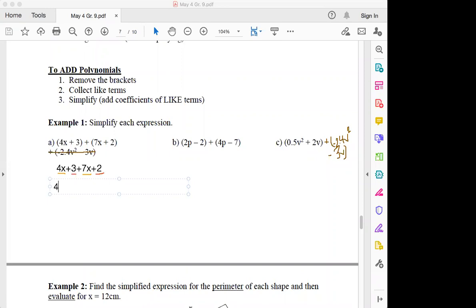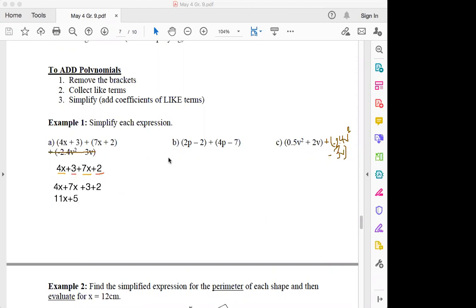Okay, so if we put our like terms together, we do 4x plus 7x, which gives us 11x. And then we do 3 plus 2, which gives us 5, so plus 5. And that's our answer.